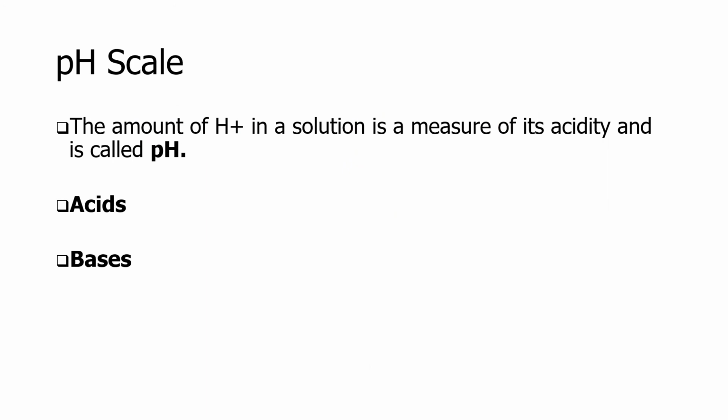Another thing to talk about is the pH scale. pH stands for the power of hydrogen, and the reason we call it that is because if you have too many hydrogen ions, the solution is going to become acidic. If you don't have a whole lot of hydrogen ions, we refer to that solution as basic.